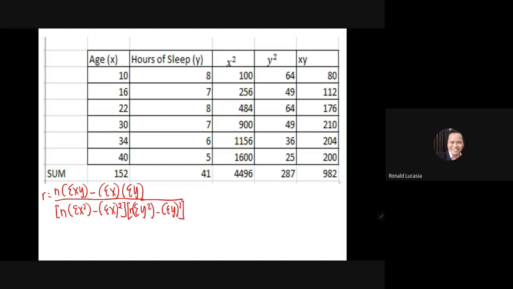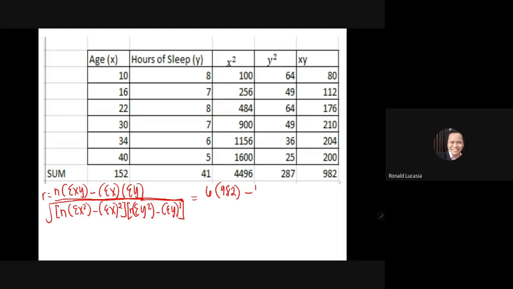By the way, our n is what? What's n? No, the number of sample. 6 po.